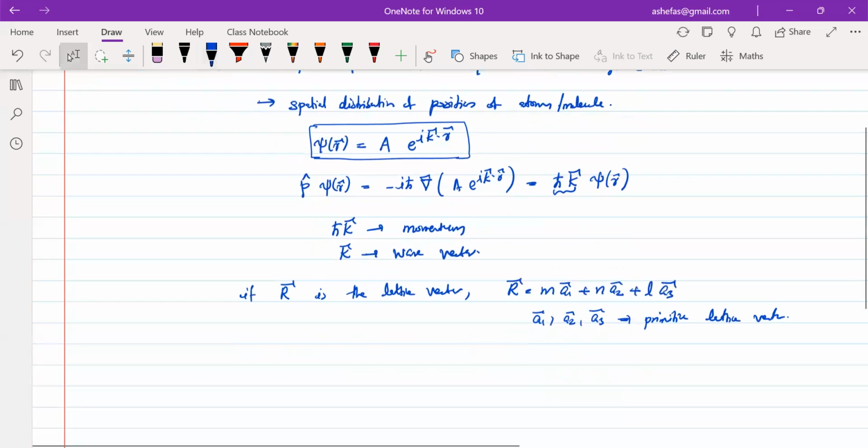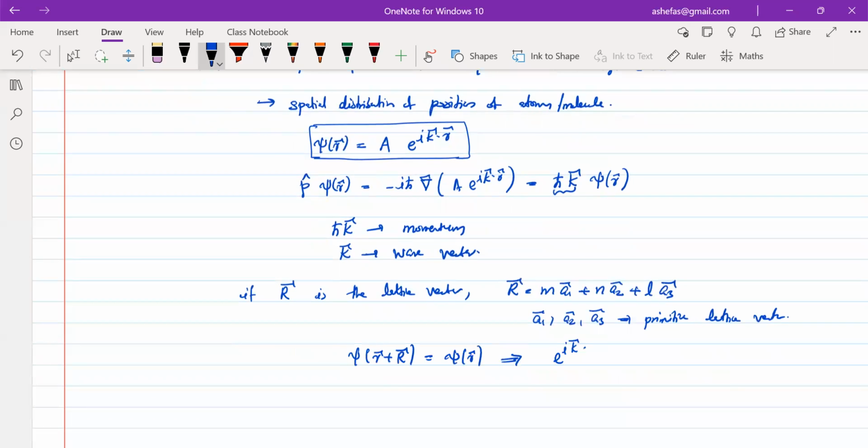Now this wave function has to satisfy the periodicity in such a way that psi of r plus R must be equal to psi of r. This condition makes a restriction on the possible values of k, because psi of r plus R is e raised to i k dot r plus R, equal to a e raised to i k dot r.